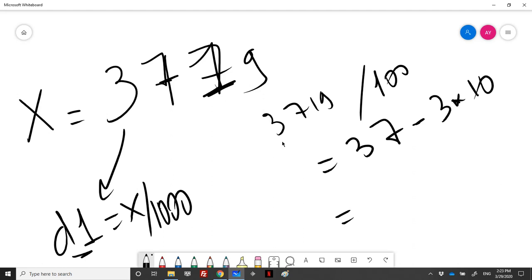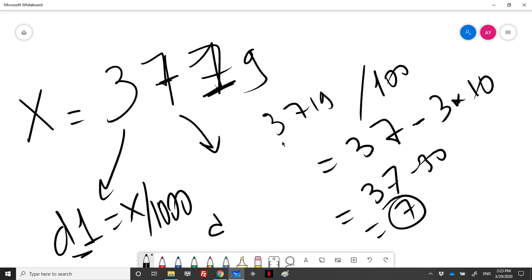I will remove 37 minus 30, I will get a 7. I will call it D2. So I will make x over 100 minus D1 multiple 10. Like this, I will get the number 7. So this is the formula for 7.